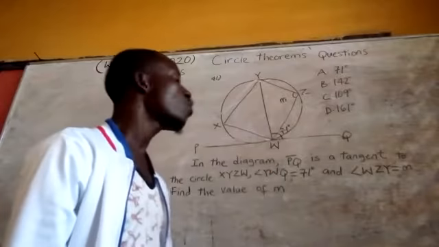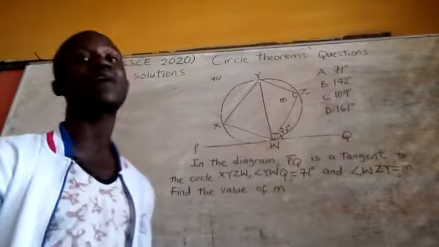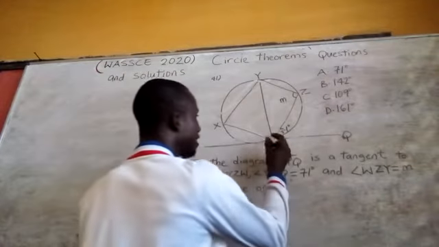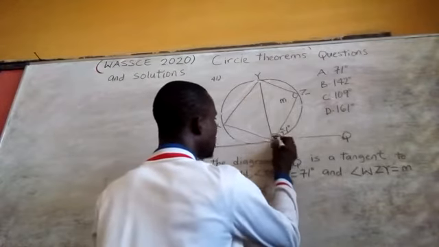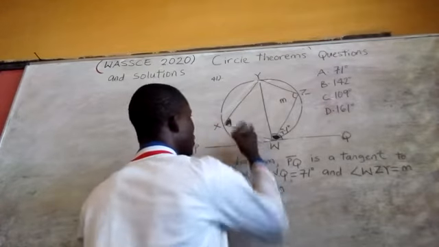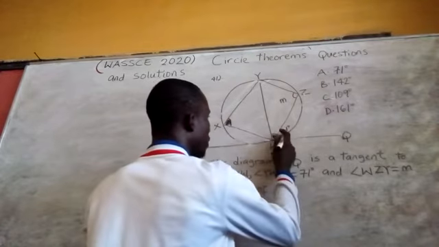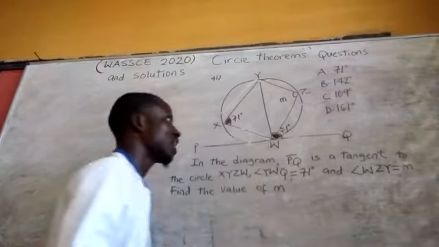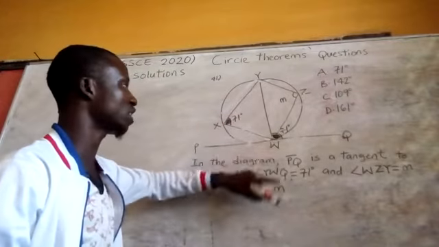So firstly, we have already identified the alternate segment theorem. So this angle here is equal to the angle in the alternate segment. So this angle is equal to the angle here at this point. So here is 71, here is also 71 degrees. The reason is that this angle is in the alternate segment.